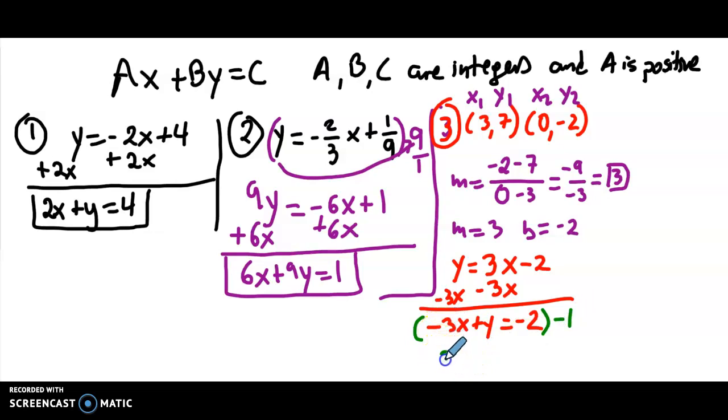A negative times a negative is positive, a positive times a negative is negative, and a negative times a negative is positive. So multiplying everything by negative 1 makes me switch all the signs of the equation. I'm going to box that because this is my answer in standard form. A is 3, B is negative 1, and C is 2. B and C can be negative, but we prefer our A value to be positive. That is the best way of putting the answer down.